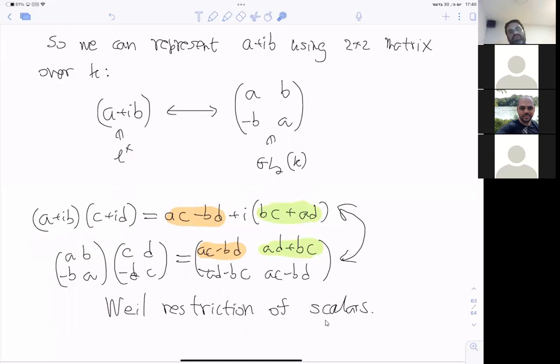And once you embedded your group inside GL, it becomes just the multiplication of matrices. This is the idea. Okay, so this may avoid using some operator overloading.